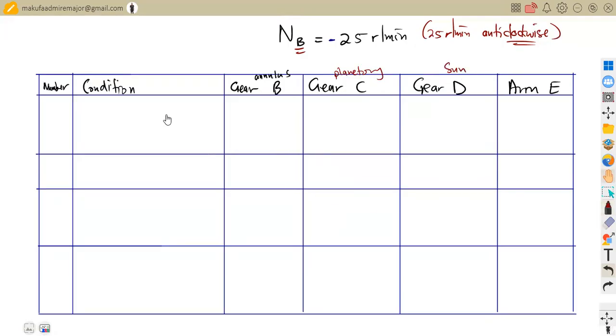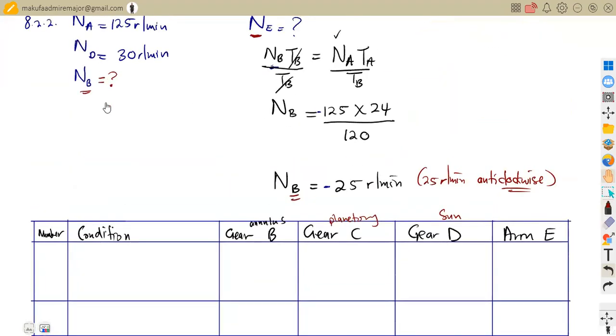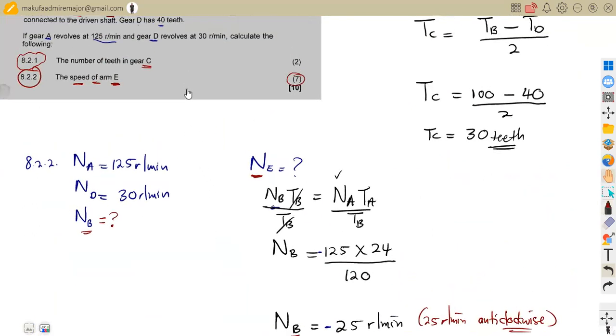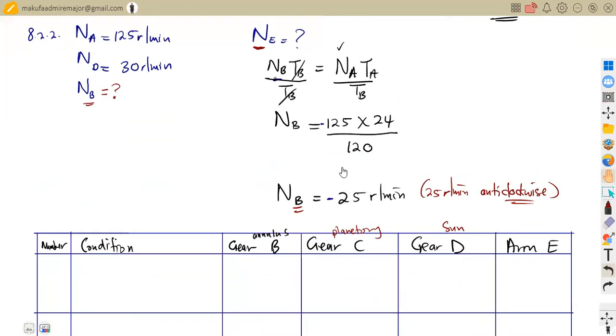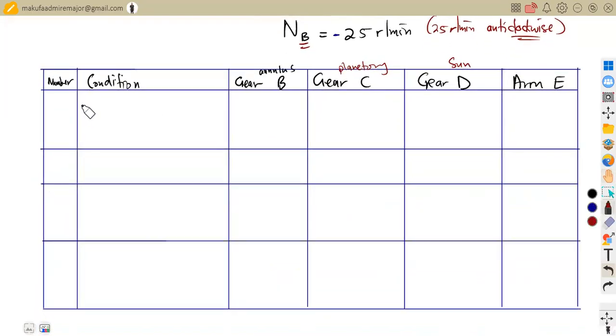All right. So remember, on your table, this is something that is fixed. This information here that we have about the speed and so forth, we are not considering this for now. The first step after having your table here is always the first condition, which is to fix the arm.